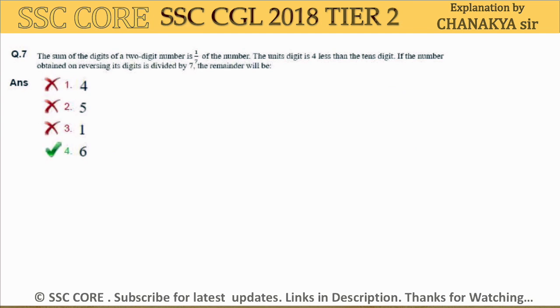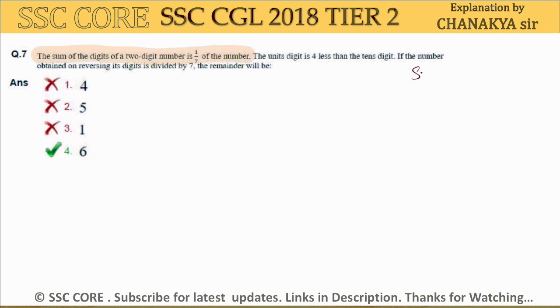Question number 7. The sum of digits of a 2-digit number is 1 by 7 of the number. The unit digit is 4 less than the tens digit. If the number obtained on reversing its digits is divided by 7, the remainder will be how much? See, the sum of digits of a 2-digit number is 1 by 7th of the number.